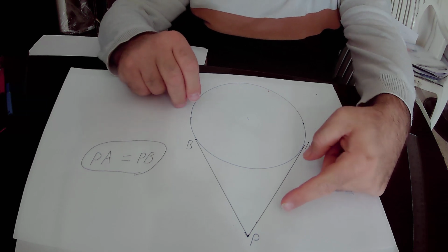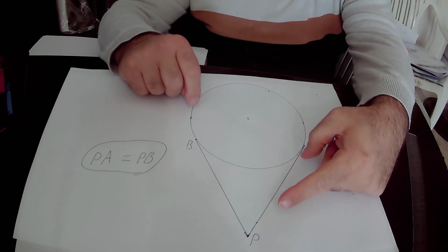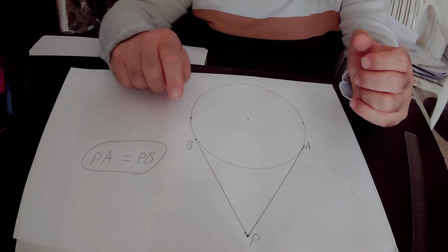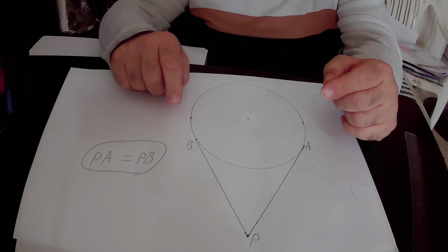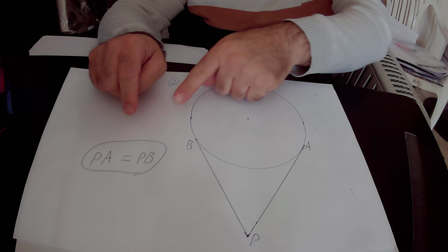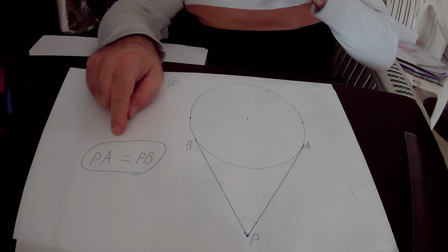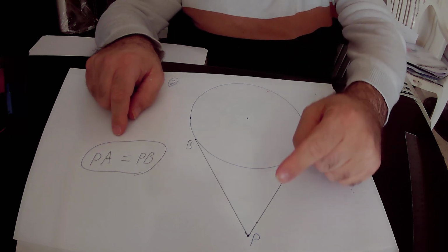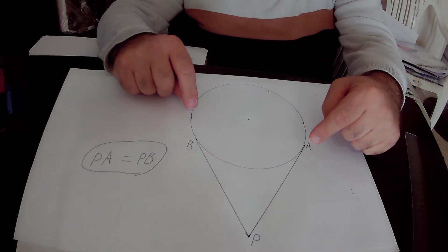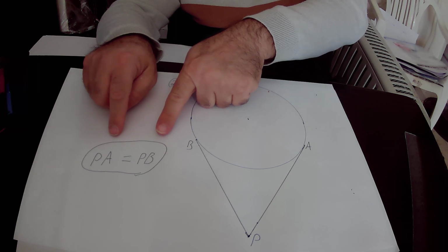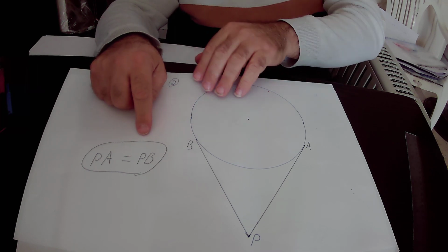The length of the first tangent is PA, the length of the second tangent is PB. According to rule number 1, those lengths are equal. That is to say, PA equals PB.